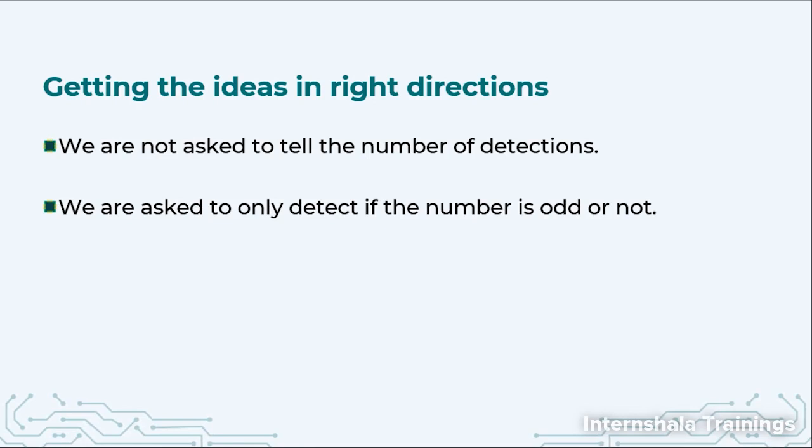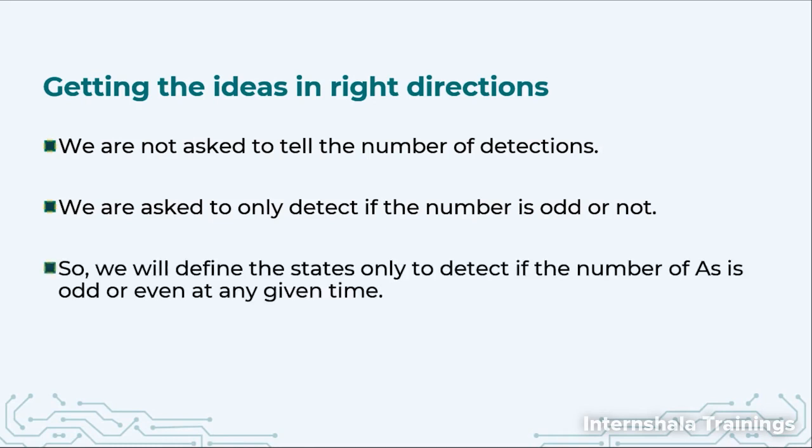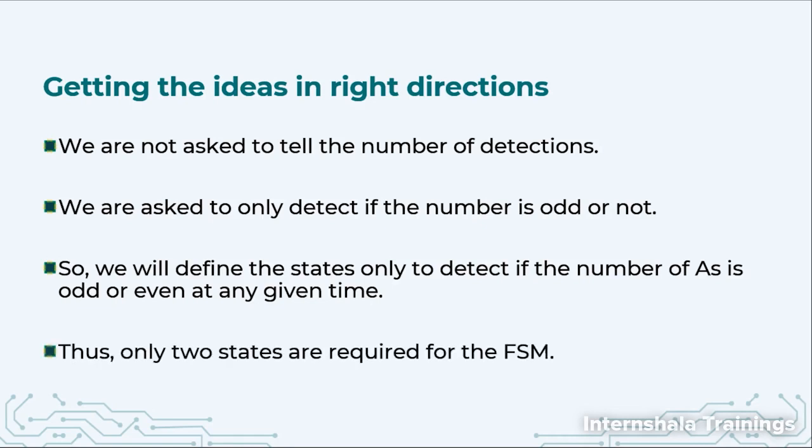We are not asked to get the count, but only to check whether it is odd or even. So we will define only two states, and that will be whether the number of A's are even or odd. With these two states, we will try to solve this problem. So let us see if this will be feasible to solve this problem using only these two states.